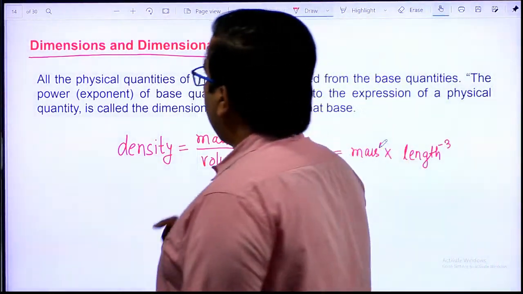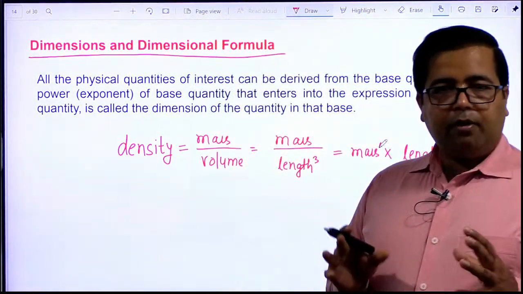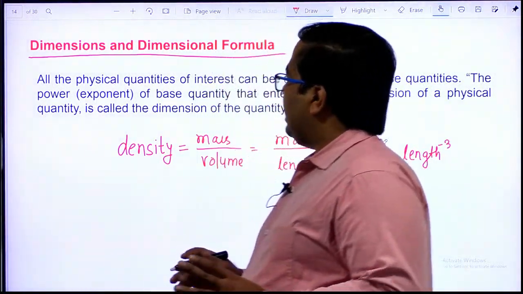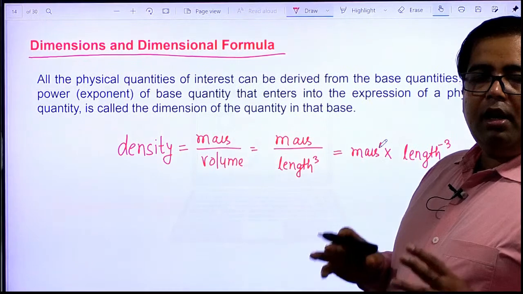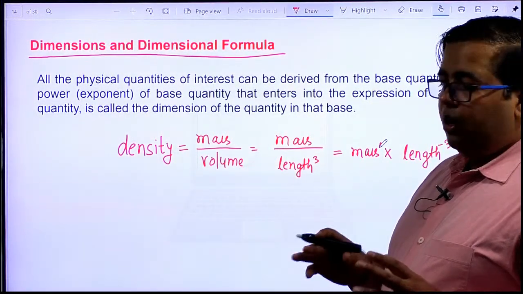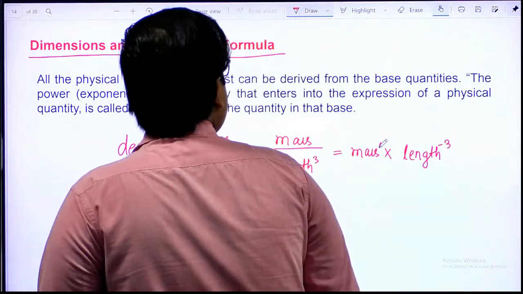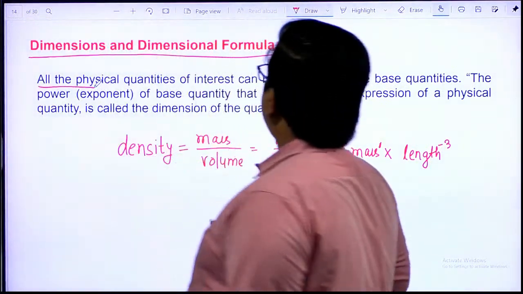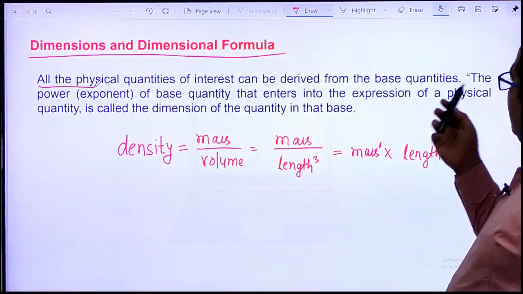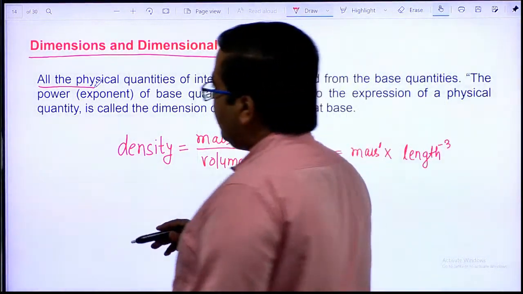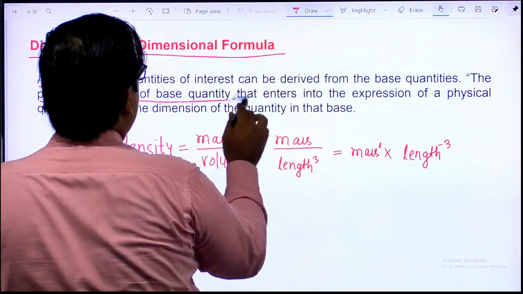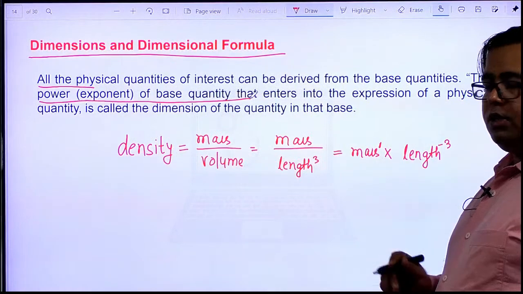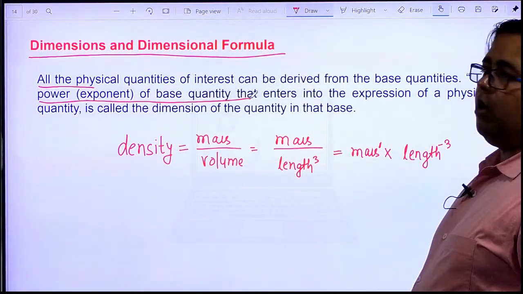The density has power 1 in mass and exponent minus 3 in terms of length. So the definition of dimension is: the powers or the exponents raised on the fundamental quantities are known as the dimensions of the physical quantity. All the physical quantities of interest can be derived from the base quantities, and the power or exponent of base quantities that enters into the expression of a physical quantity is called the dimension of the physical quantity.